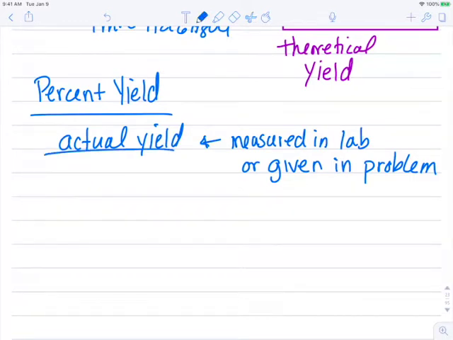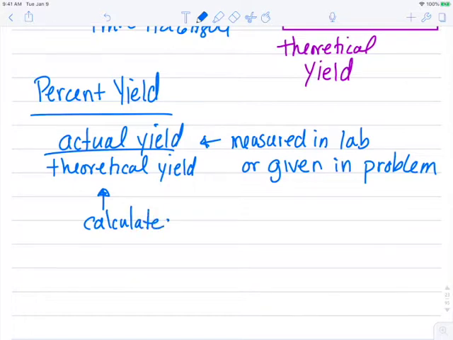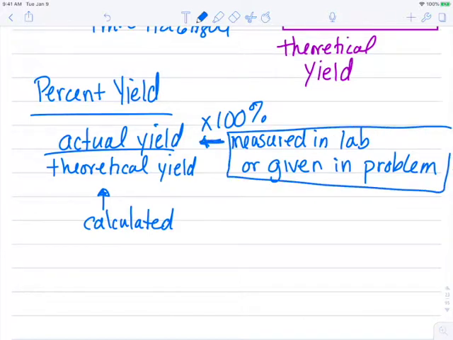And that will be divided by the theoretical, which will be calculated, and all of that will be times 100. So again, on the top, the actual yield needs to either be measured in the lab or it will be given. There's nothing you can calculate. And on the bottom is the theoretical, and that is the one that will be calculated.